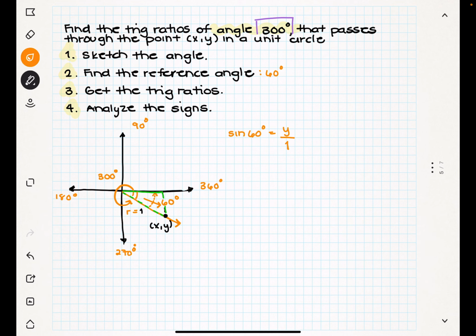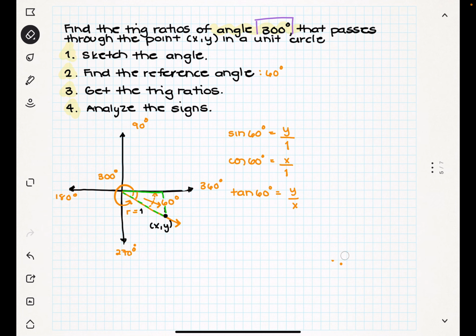Then cosine of 60 is going to be x over 1. Now the tangent of 60 is going to be the opposite, so the y value, over the x value. All right?